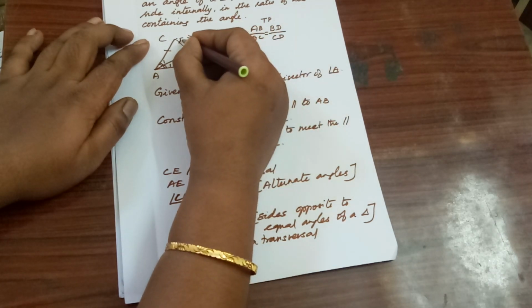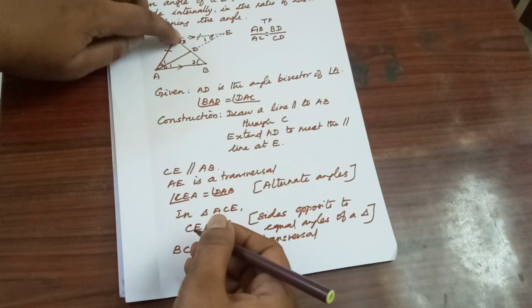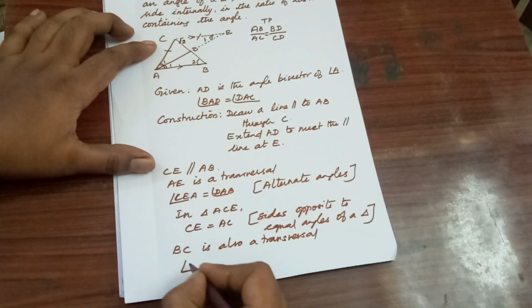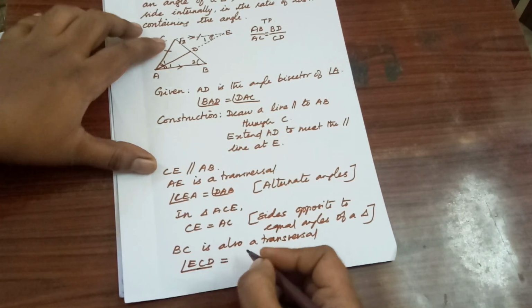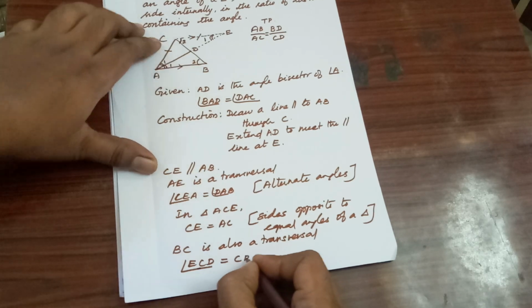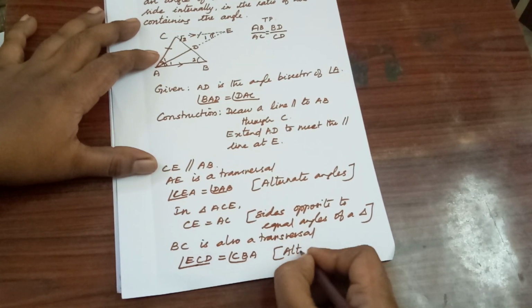We can name those angles as 2 because they are equal. They are also alternate. So angle ECD is equal to angle CBA because they are alternate.